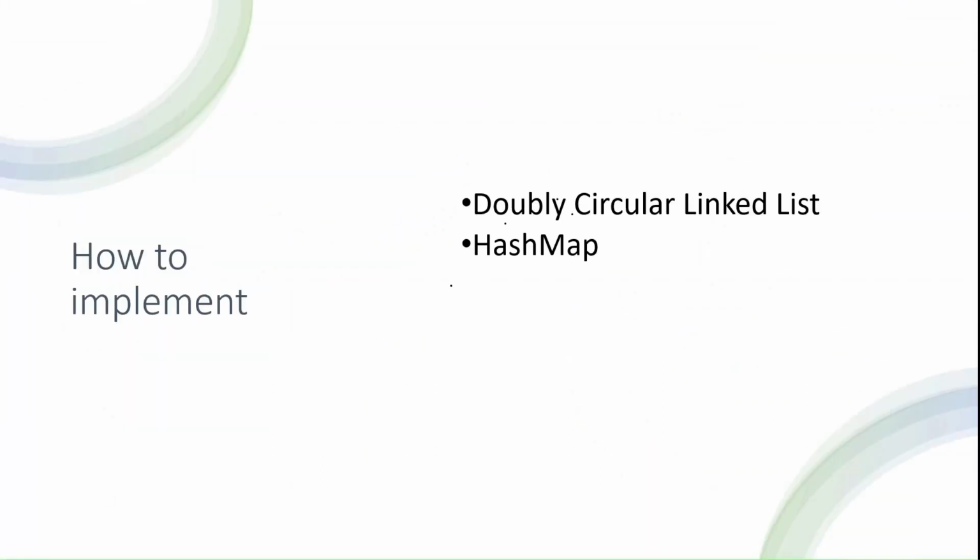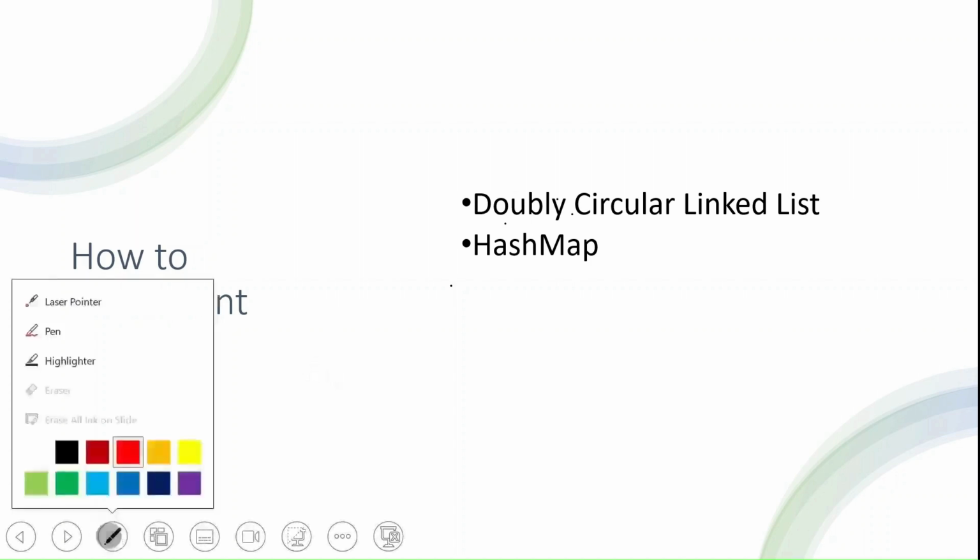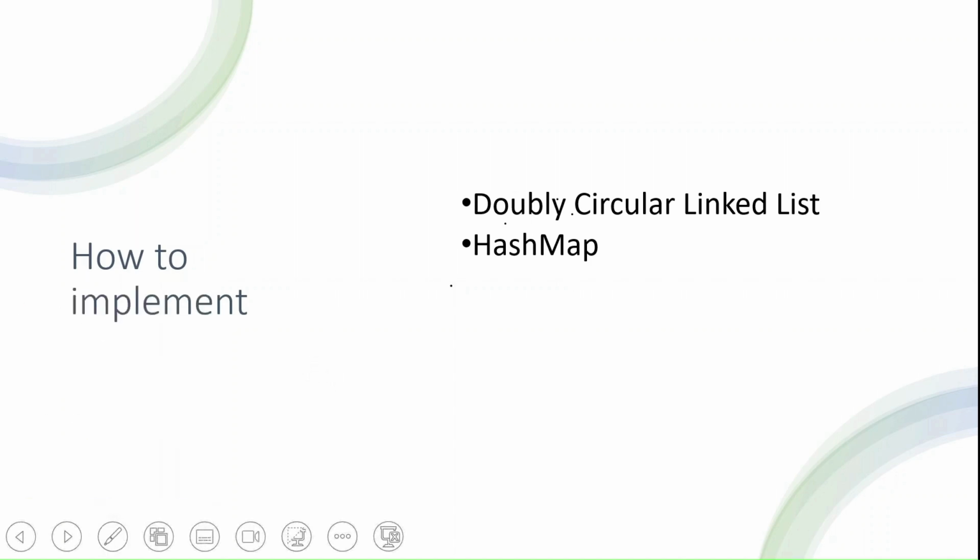So, how do we implement the LRU cache? We implement it using a doubly circular linked list and HashMap. The solution combined by these two data structures lets us have a very efficient solution.